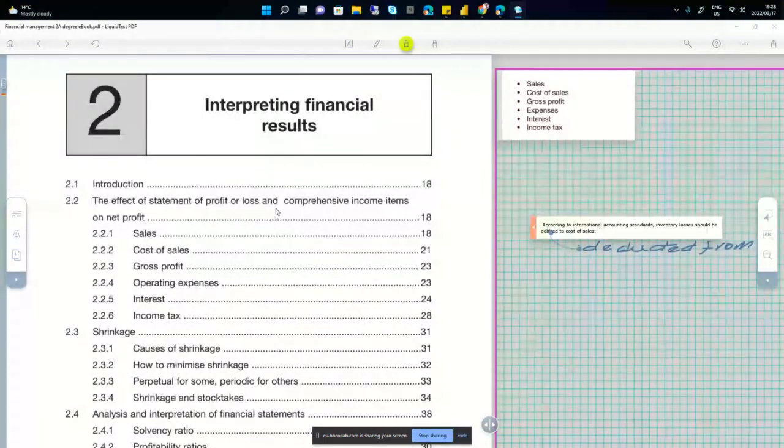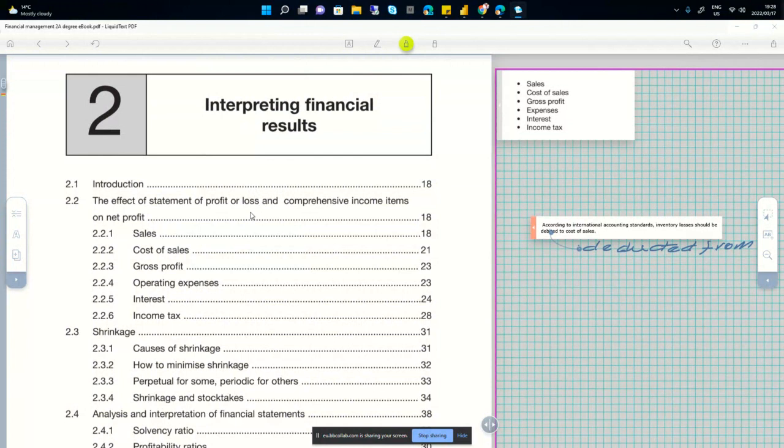And then now it is getting to the meat, actually, the real action, if I can call it, because here in this chapter there will be quite a few calculations, and quite a bit of concepts that you need to understand here. So interpreting financial results. Sorry about that.